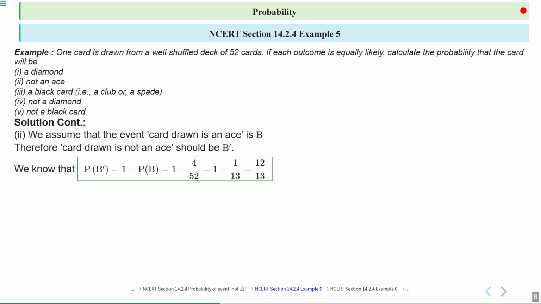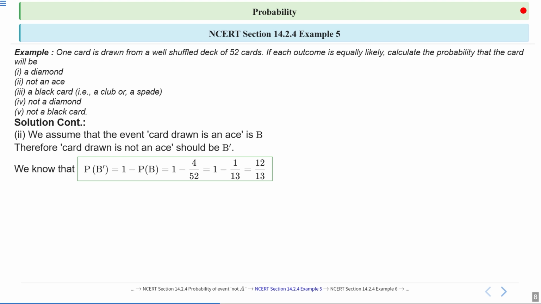And we know that probability of B complement is equal to 1 minus probability of B. Here you can easily find probability of B. What is probability of B? Probability of B is the number of elements in set B divided by the number of total outcomes. The number of ace cards in a shuffled deck of 52 cards is 4, sorry.